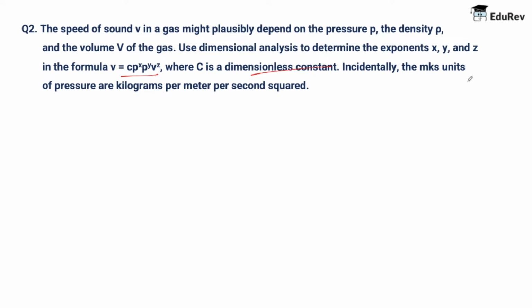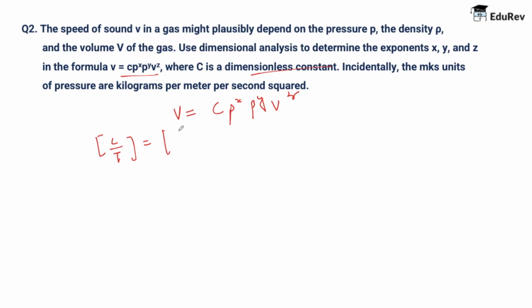So yes, let's start. So basically what they are saying is that V equals C, P to the power x and rho to the power y, V to the power z. Now let me straight away write the dimensional formulas of these. So the dimensional formula of V is nothing but L by T. Now the dimensional formula of C is going to be nothing because it's a dimensionless constant, so no dimensions.